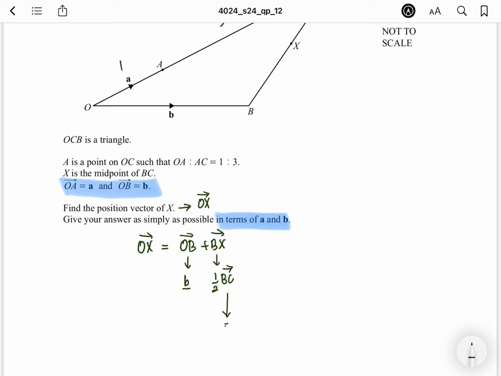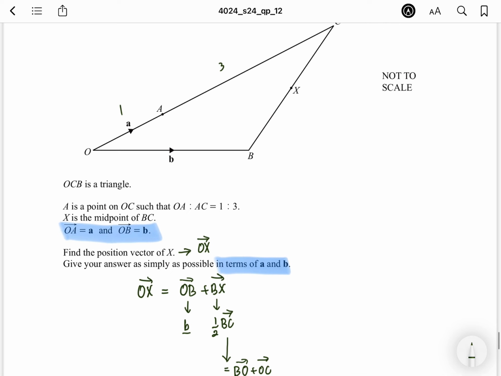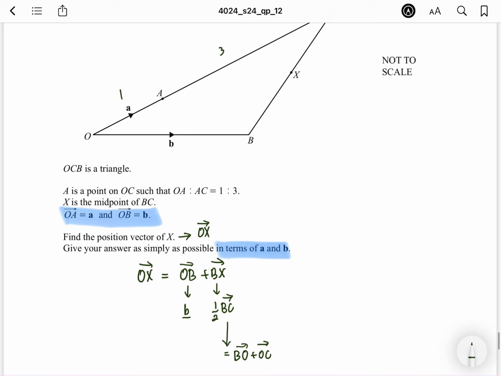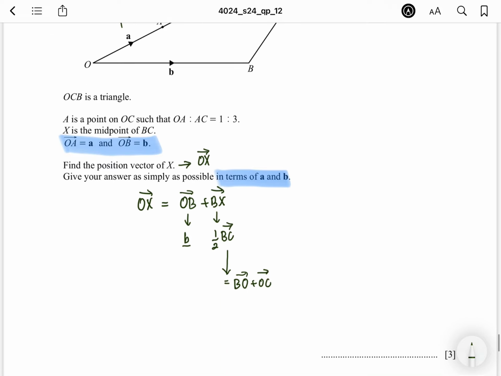BC is equal to BO plus OC, addition of vectors. Do we have BO? Yes, negative B. Do we have OC? Not yet.